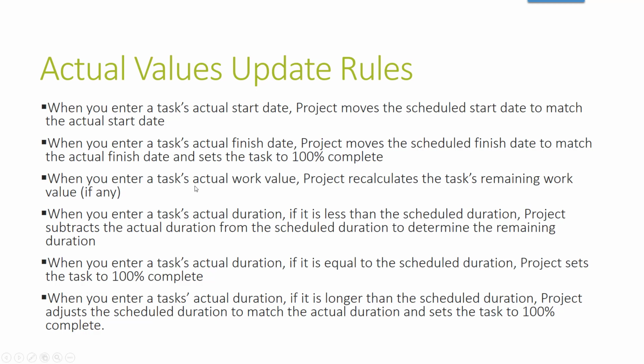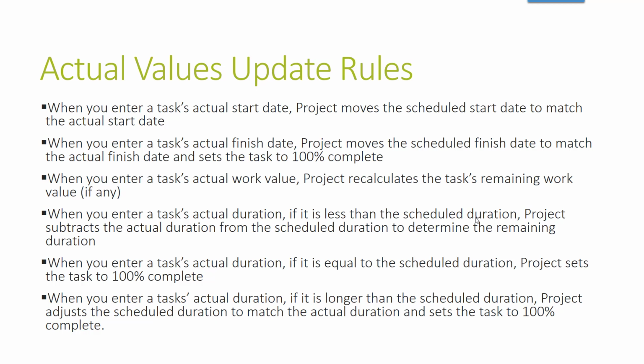When you enter a task's actual work value, Project recalculates the task's remaining work value, if any. When you enter a task's actual duration, if it's less than the scheduled duration, Project subtracts the actual from the schedule to determine remaining.